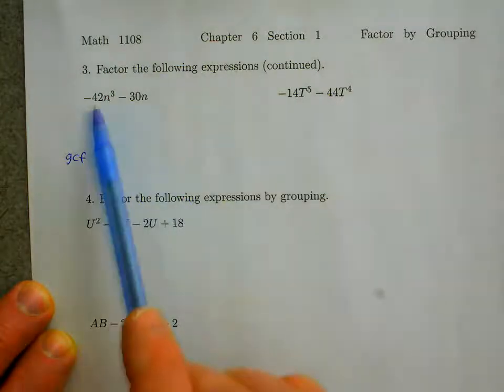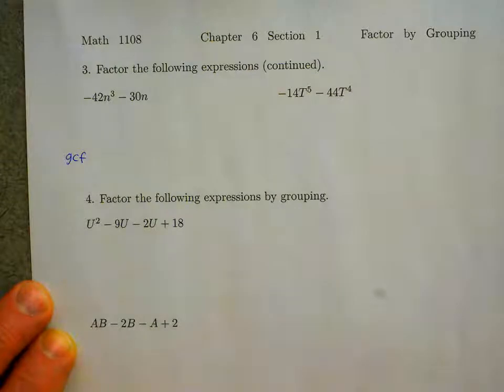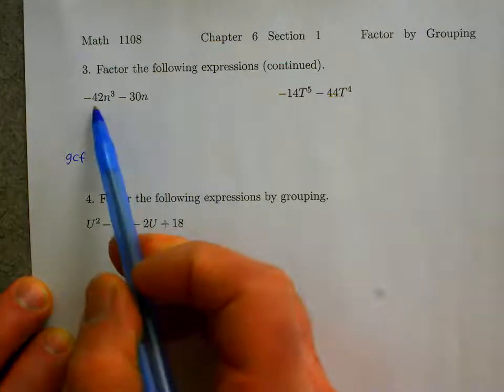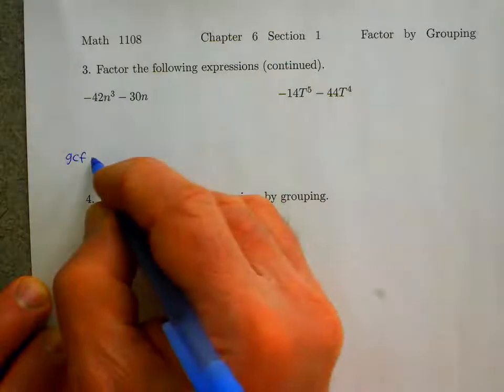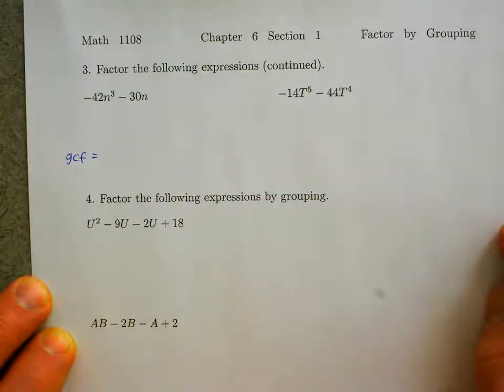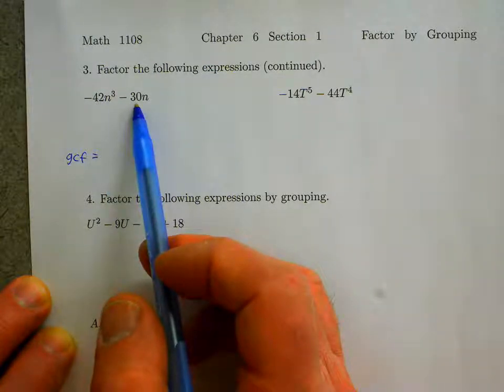So even though the coefficients are negative, we can still identify the greatest common factor as positive integers. If we just compare 42 with 30, 6 is a common factor. 6 times 7 is 42, and 6 times 5 is 30.